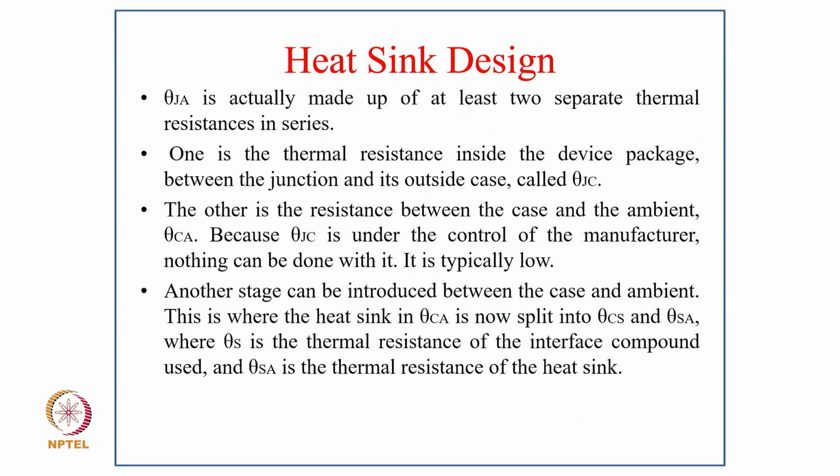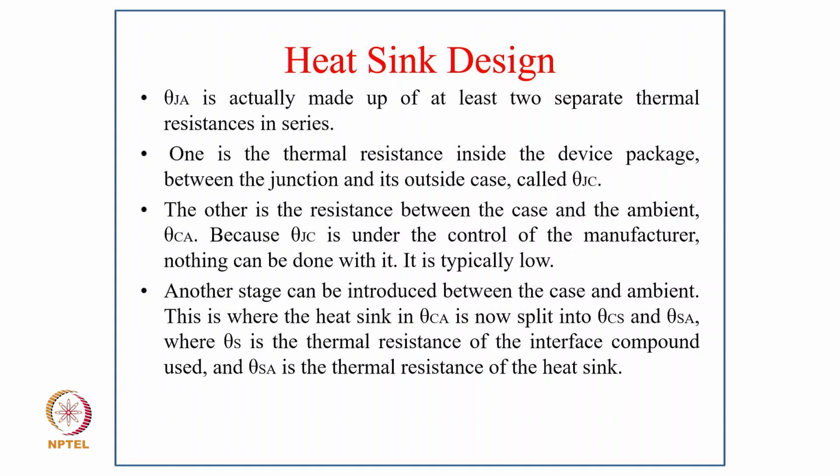So now coming to heat sink design, theta J is usually made of at least two separate thermal resistances in series. One is the thermal resistance inside the device package between the junction and its outside case, called theta Jc. The other is the resistance between the case and the ambient, theta Ca. Because theta Jc is under the control of the manufacturer, nothing can be done with it.